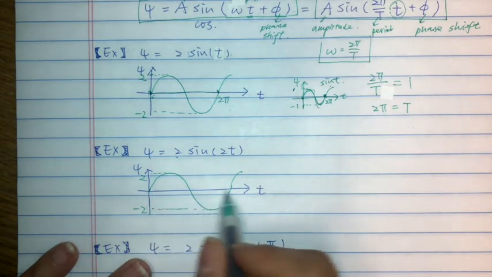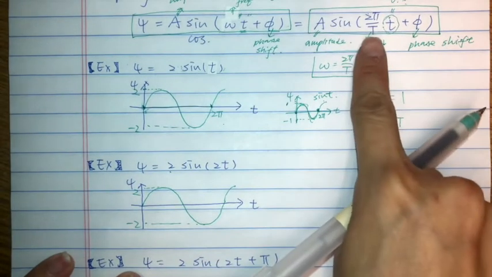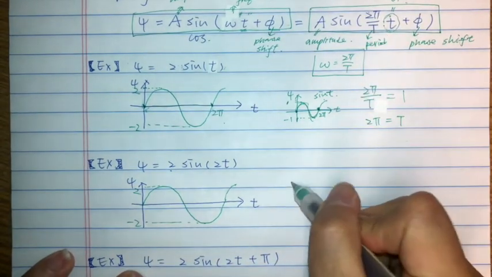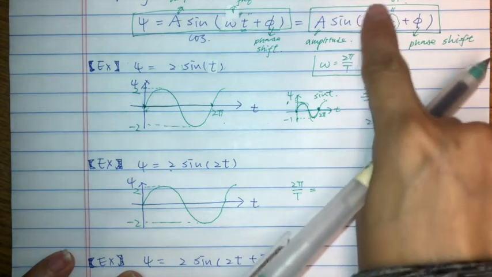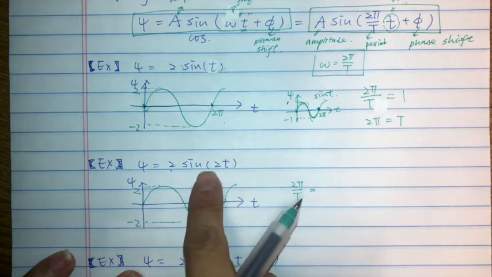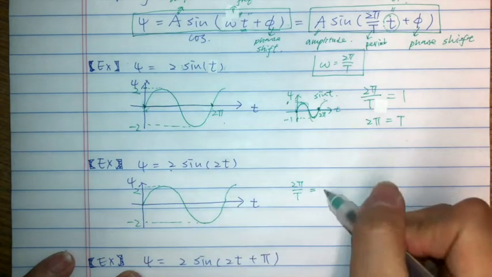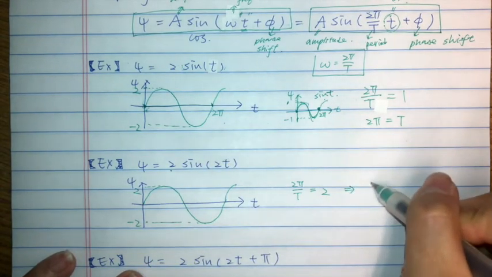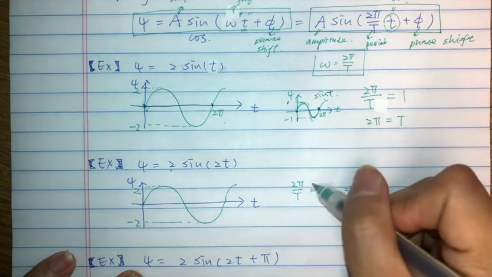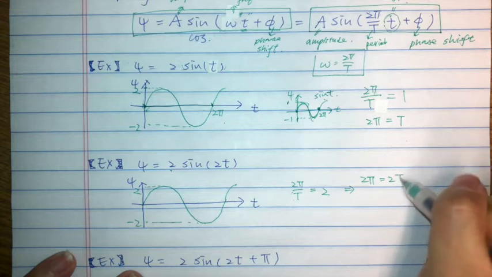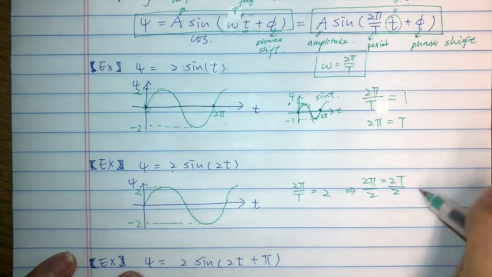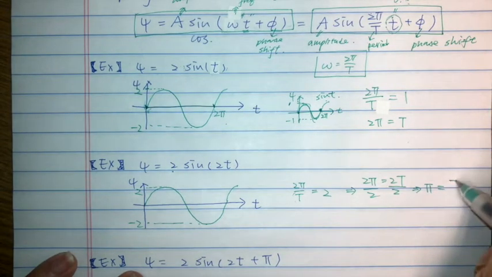How about the period? If we want to follow the math, we can see 2 pi over the period is now whatever is in front of t. So in this case, it will be 2. Now if I multiply t on both sides and divide by 2, then I get pi equals t.